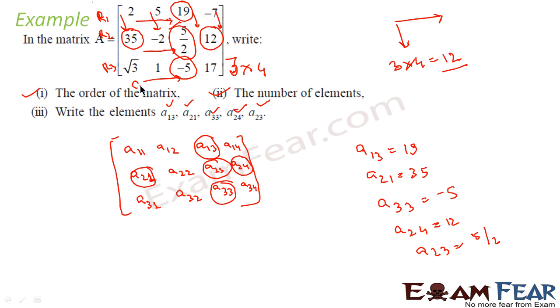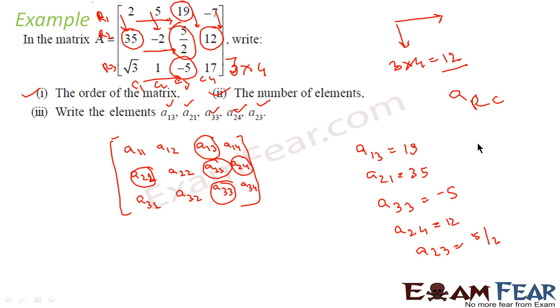And this is nothing but column 1, column 2, column 3 and column 4. And we know the elements are in the form of row column. The first that is asked is A13. So we'll take first row and third column. So first row and third column, the intersection point is 19.